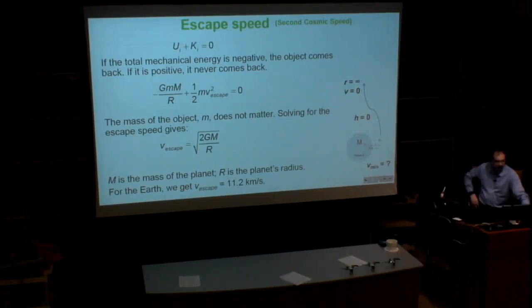But, of course, you still cannot escape the solar system because the sun holds you. So there is a second escape speed, next escape speed, which has to be reached to escape the sun and fly away to other galaxies.